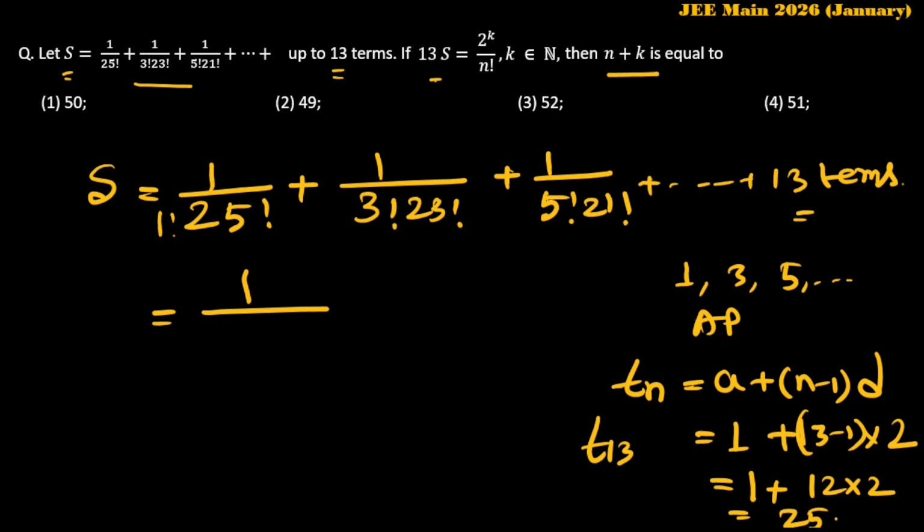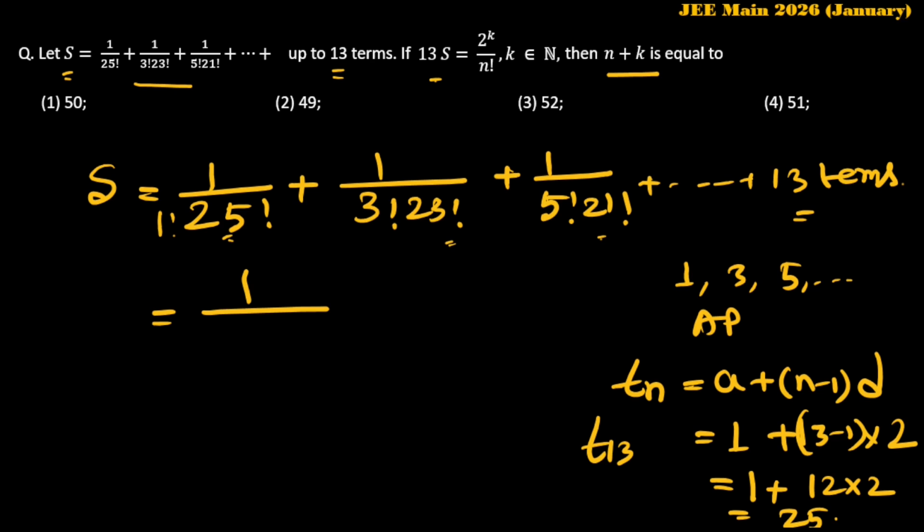Into 1 factorial, because the other factorial is 25, 23, 21, it is decreasing by 2, and so it is up to 13 terms. That means it is going 1, 3, 5 up to 25, and the other decreases to 1 factorial.